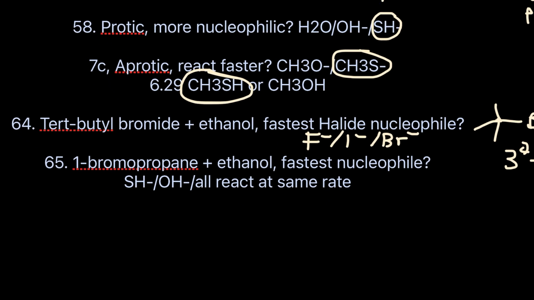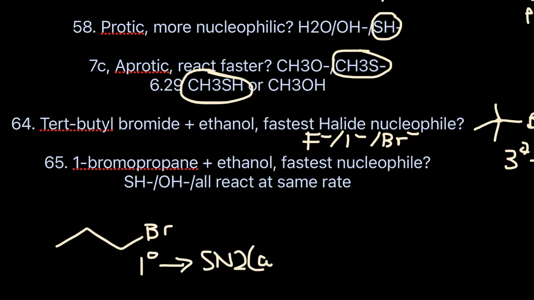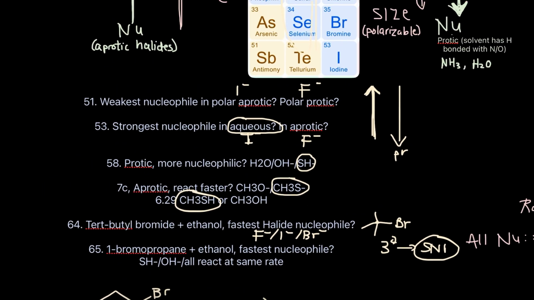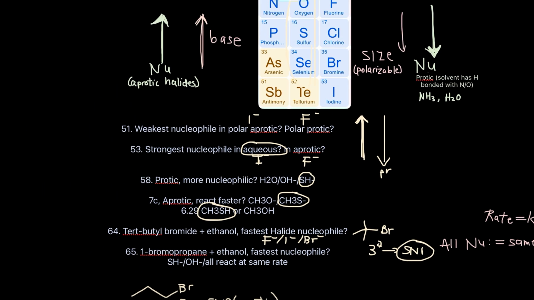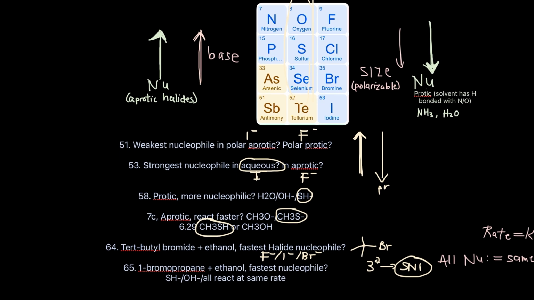1 bromopropane plus ethanol. This is primary, so this must be an SN2 reaction in an aprotic solvent. What is the fastest nucleophile of the following? So if this were a question asking about halides, you would think about the fastest nucleophile. The best one is going to be at the top for an SN2.